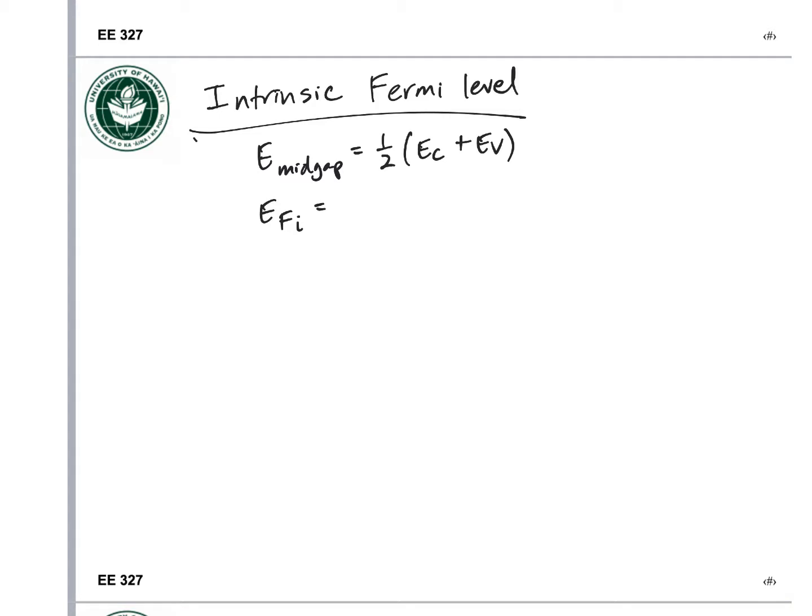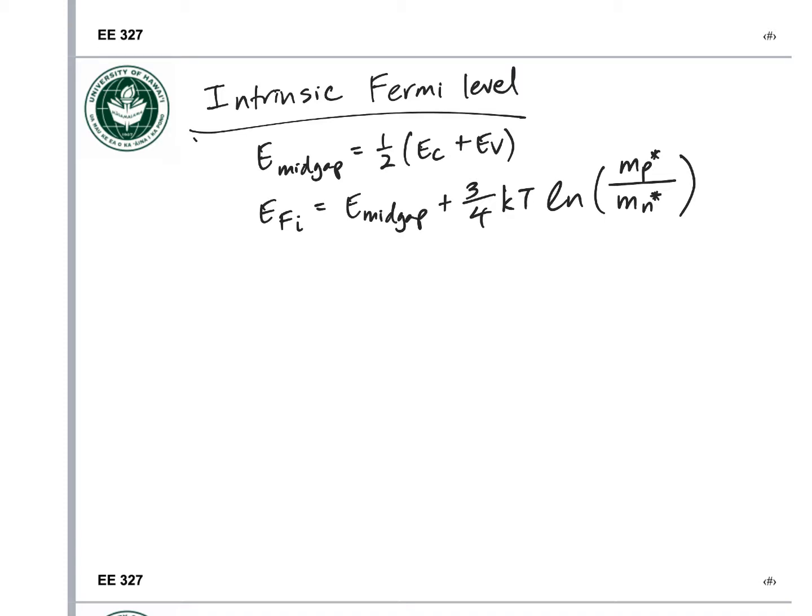Because of the different effective mass of the electrons and holes in the semiconductor. So the intrinsic Fermi level is going to be this mid-gap energy with a term that is a logarithmic ratio of the hole effective mass to the electron effective mass.